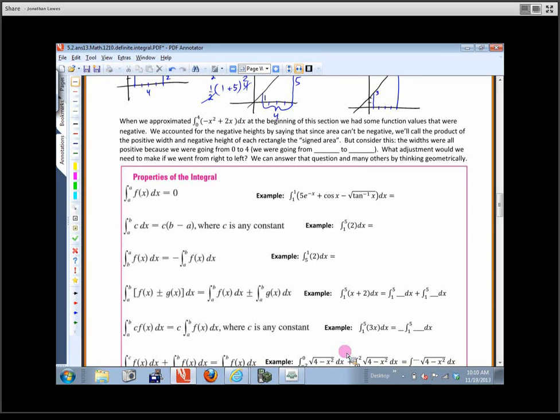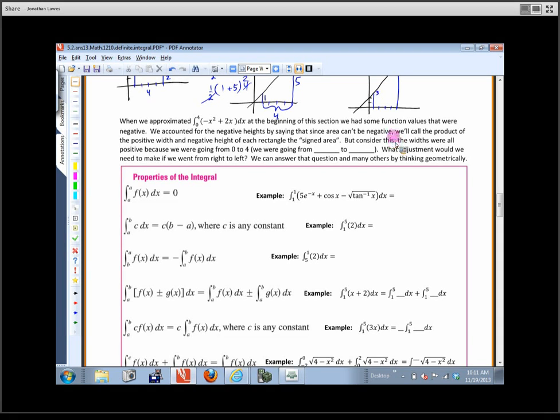So it says, when we approximated that function at the beginning of class yesterday, and then when we figured out what it actually was, we had some function values that were positive. We had parts of the graph that were above the x-axis and parts of the graph that were below the x-axis.